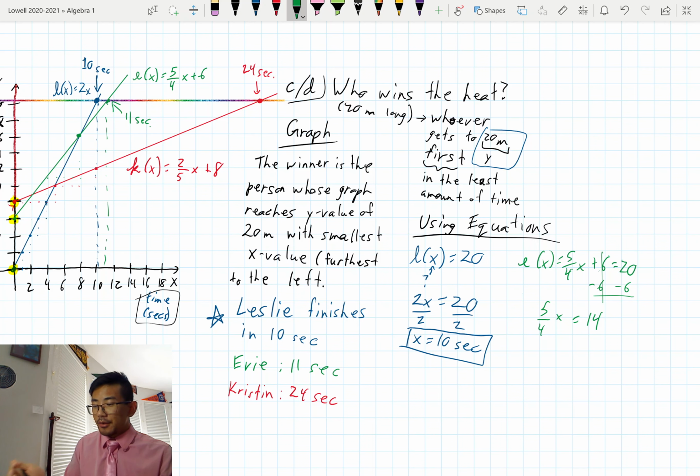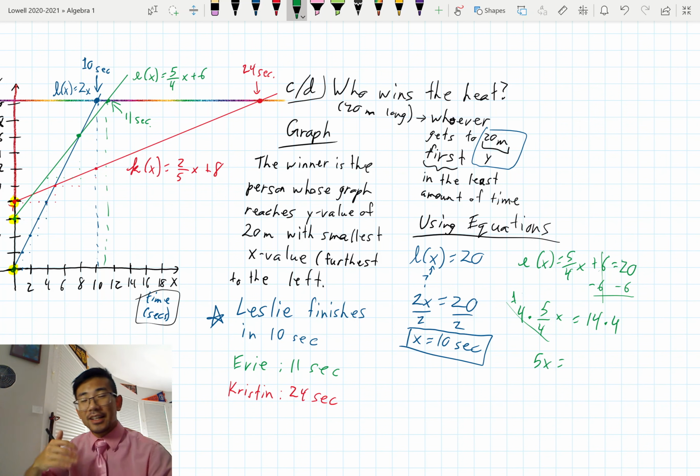If I multiply both sides by 4, then 4 divided by 4 will cancel out and just make a big 1. That's why now I have 5x equals 56.